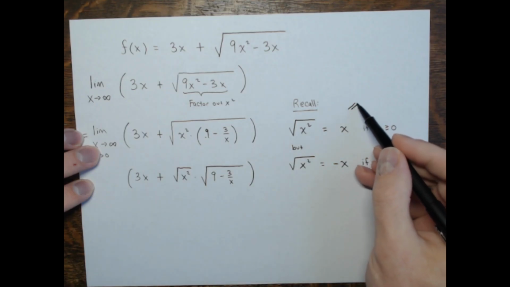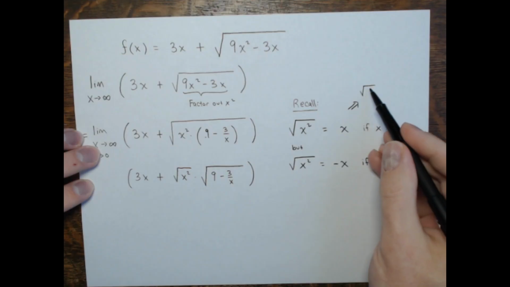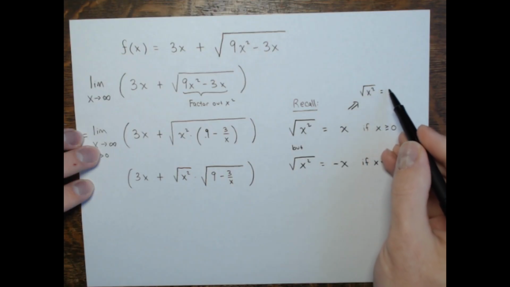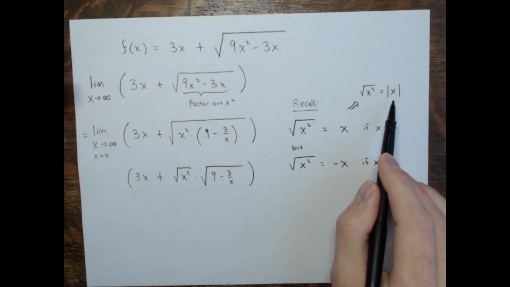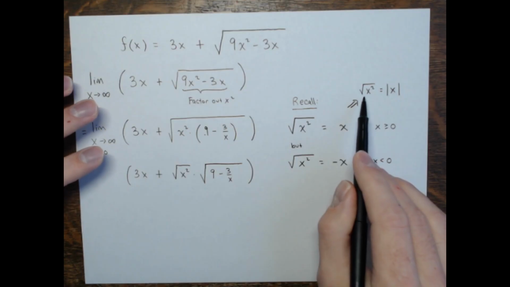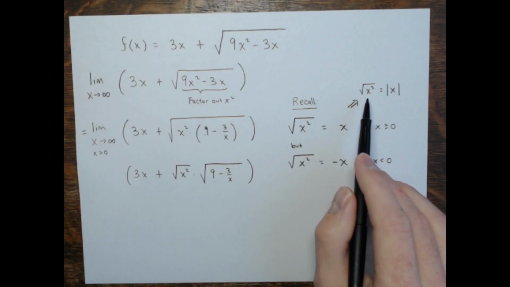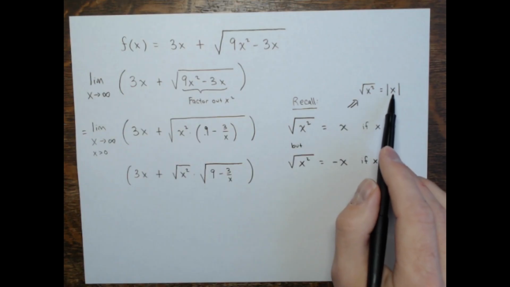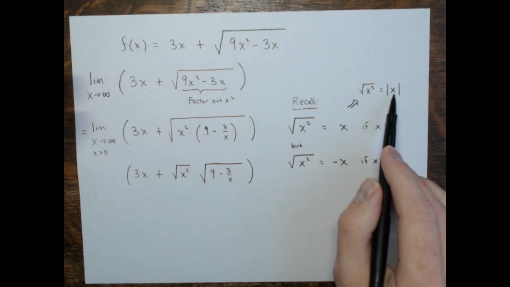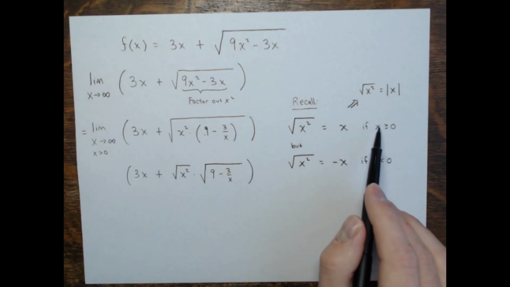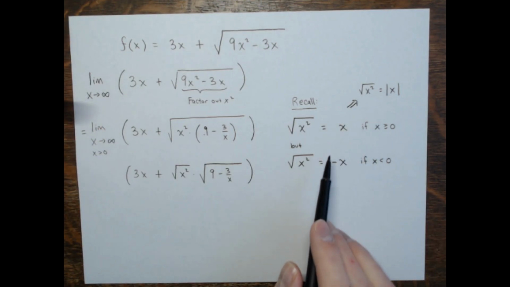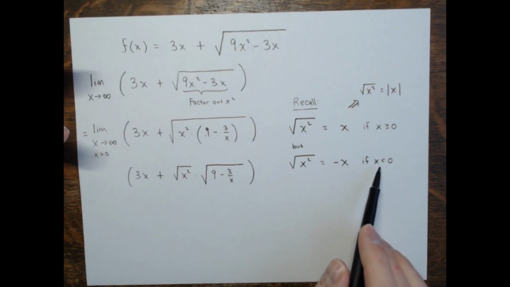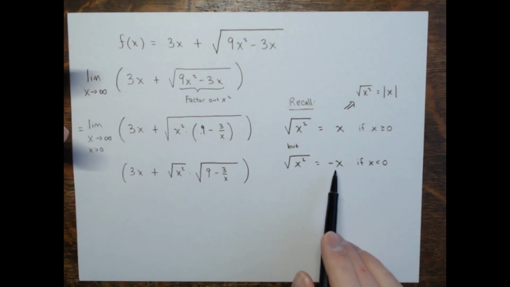Now you might have also seen this way, where the square root of x squared is the absolute value of x, to ensure that you had the non-negative square root, the principal square root. The absolute value of a number is either itself, if it's positive, or the opposite of itself, if it's negative. That'll ensure that you have a positive output.